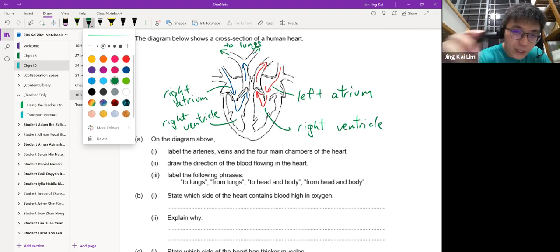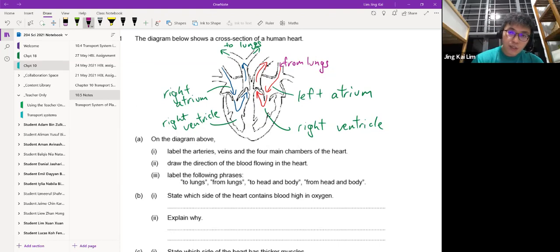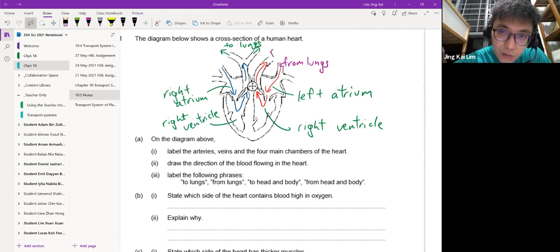On the other hand, this part is oxygenated blood that is pumped in through the left atrium. So this one would be from the lungs. From the lungs, you pump into the left atrium and then go to the right ventricle, and it will head out to the rest of the body.